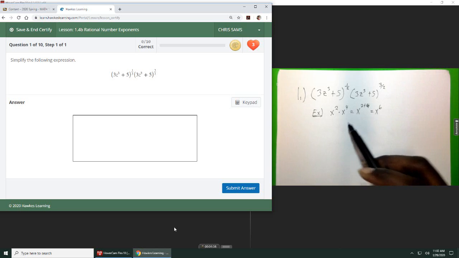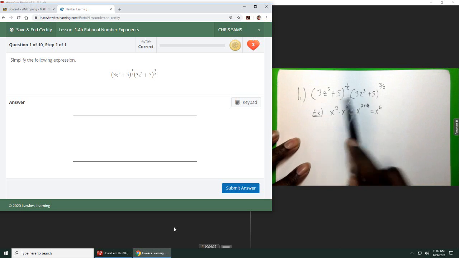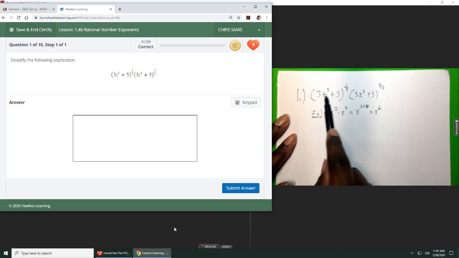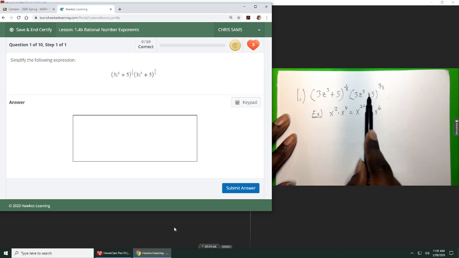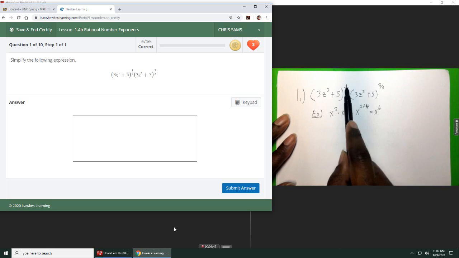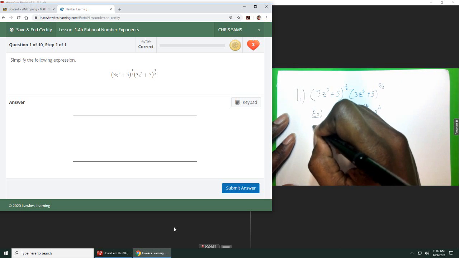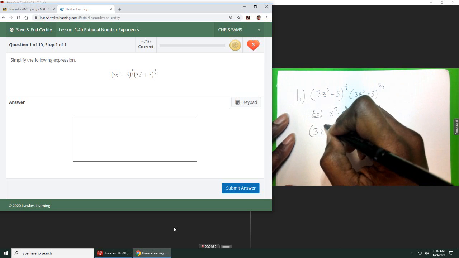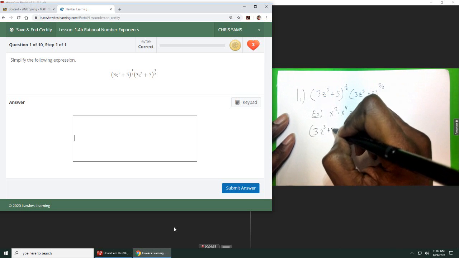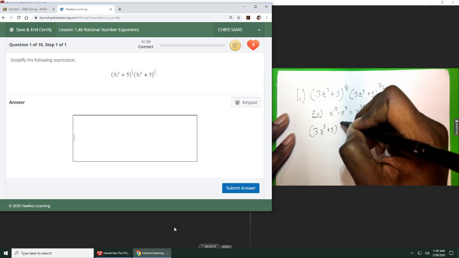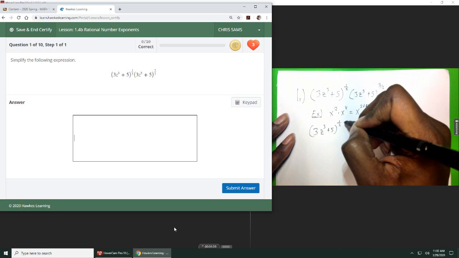Okay, so that's the same thing we're going to invoke here. Notice, this is the base, it's just more than one, it's a big term. It's in parentheses, it's the same as this. Same base, we're multiplying, we're going to be adding the exponents. So what we get is 3z cubed plus 5 raised to the power of 1/2 plus 3 over 2.